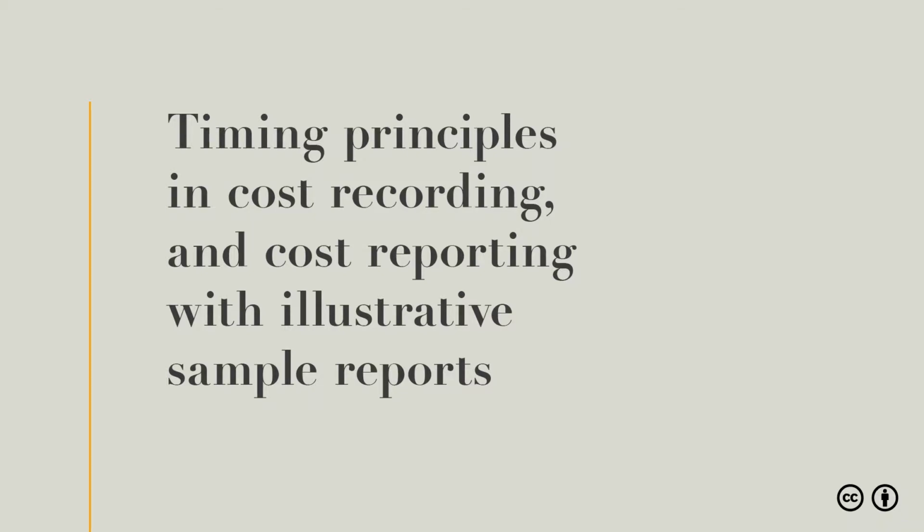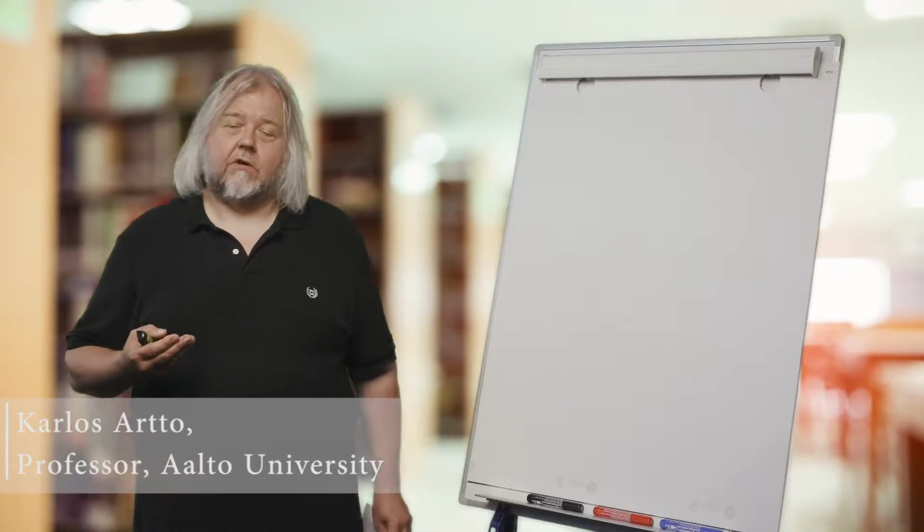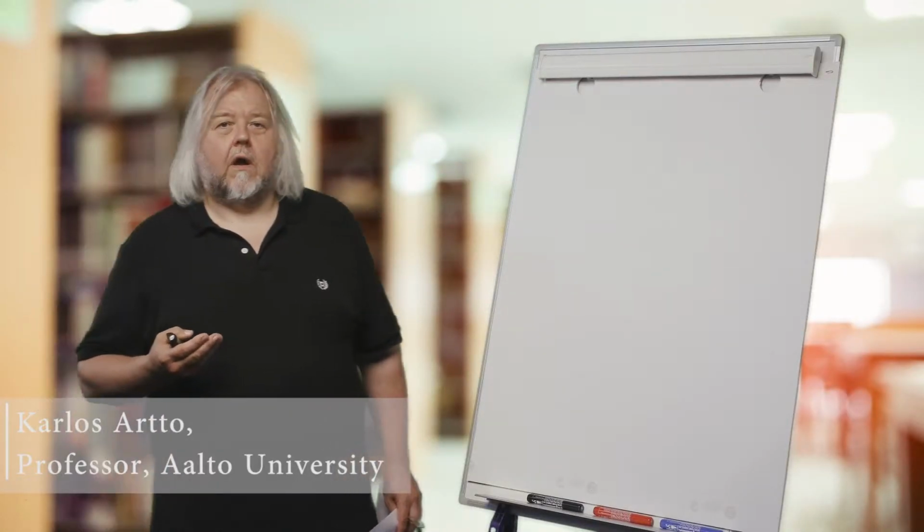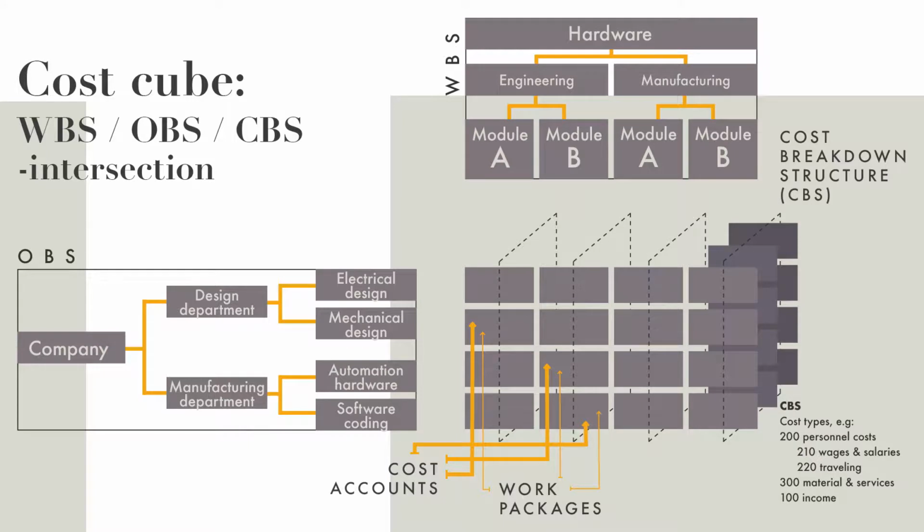In this session, we are going to talk about timing principles in cost recording and cost reporting with illustrative sample reports. Well, we are familiar with this picture, the cost cube, that shows three dimensions of hierarchical structures where we record costs.